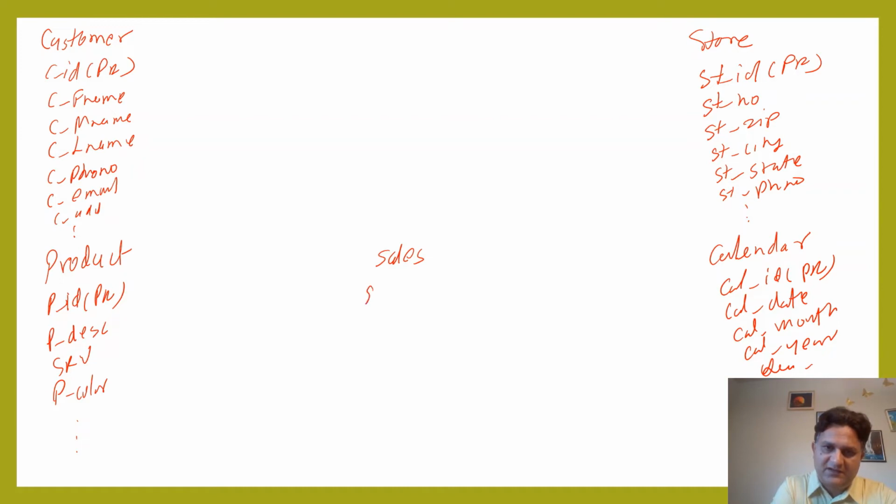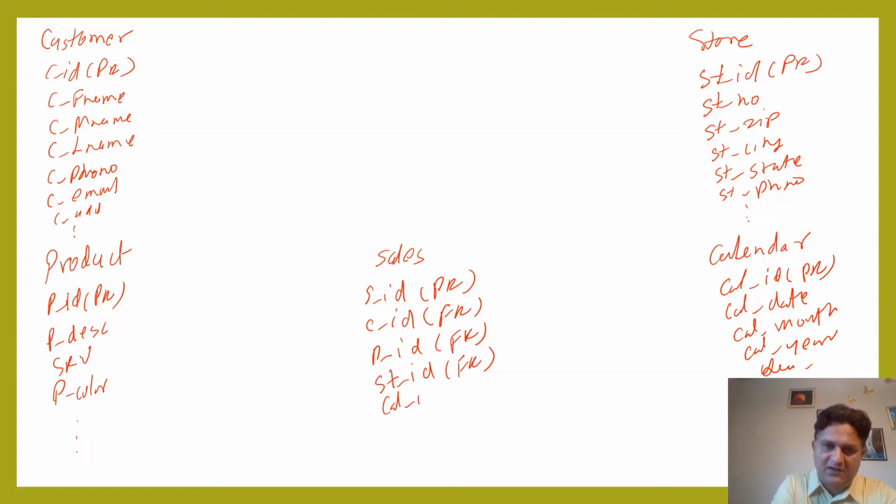Sales ID is the primary key, and I'm storing all the customer, product, store and calendar primary keys as foreign keys in this sales table. So I will have customer ID as a foreign key, product ID as a foreign key, store ID as a foreign key, calendar ID as a foreign key.